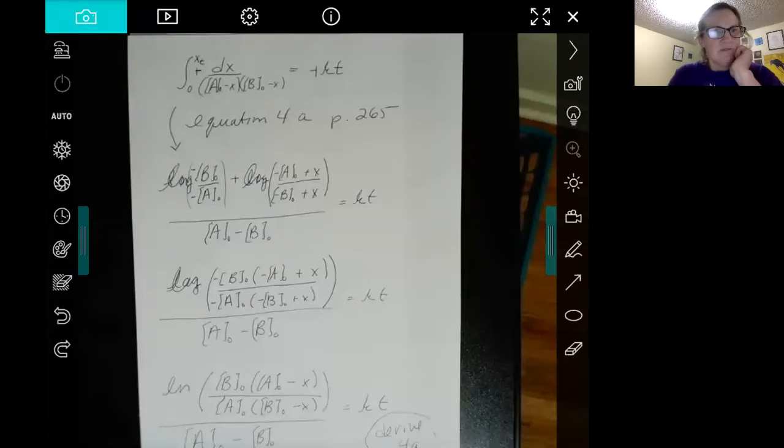So I plugged it in with the palette, and I have the product of A0 minus x times B0 minus x raised to the -1. I'm integrating over x. And what you come up with needs to be simplified a little bit in order to look like what they have in the book. But it's fairly easy to rearrange that knowing your log relationships.